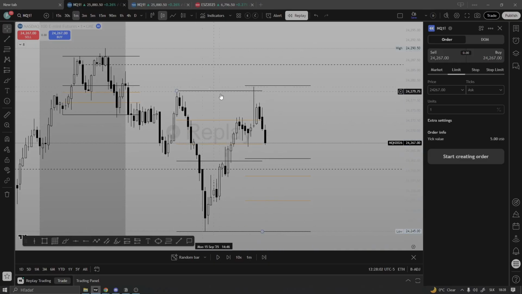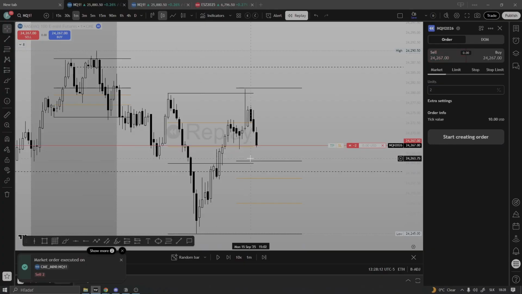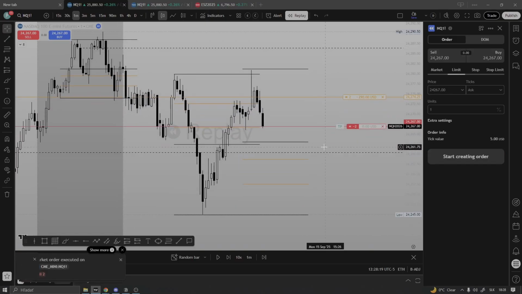So now we took the highs, we're creating an internal sub right here. Meaning we can take one or two right here with the first TP being that 50% of the range. Internal dollar stuff, we can put it right here.